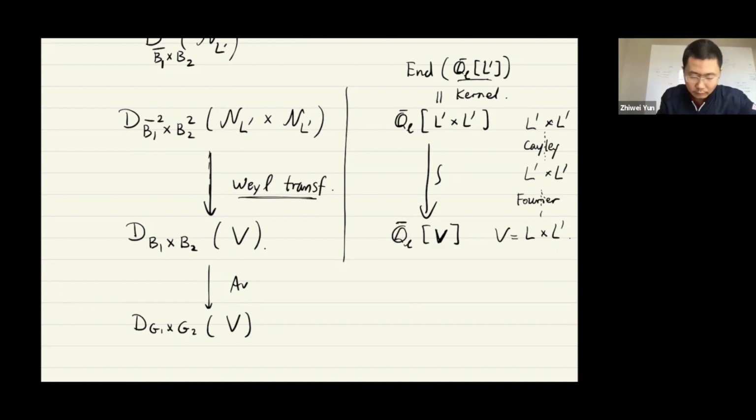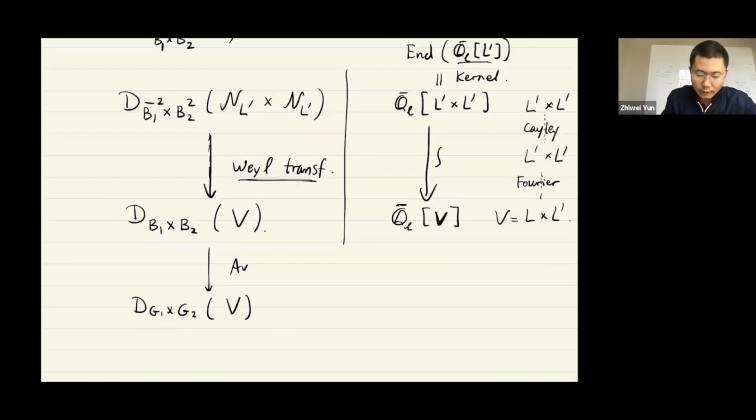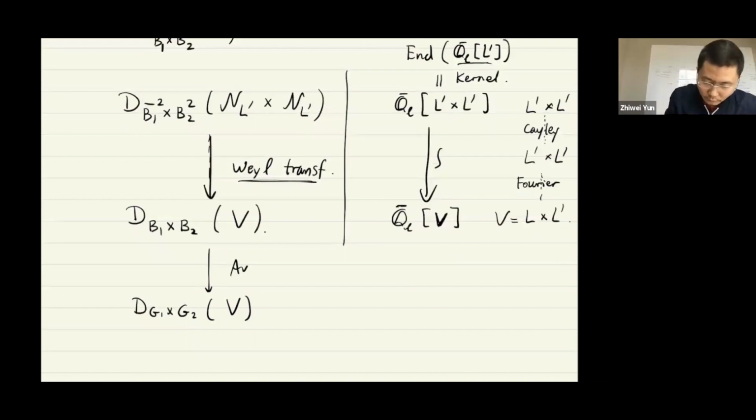But one feature of this thing, if you do it sheaf theoretically, is that it lands in sheaves that are B1 times B2 equivariant. Originally, we start with the smaller equivariance, apparently smaller because it's B1 bar square.